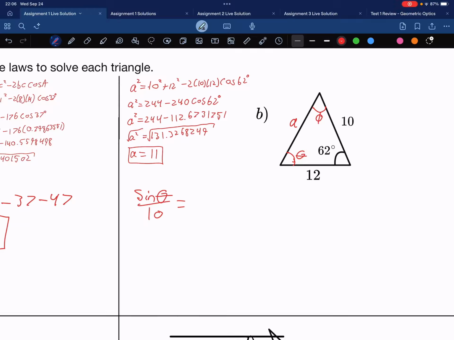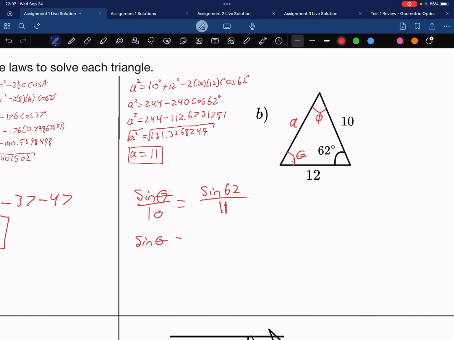And I will use the 62, the only other angle I have. Kind of have to. And put that over 11. Again, this 11 has been rounded. The real number is actually a little bit larger. It's about 11.45. So my final answer might be a little off. But that's okay, we're rounding.